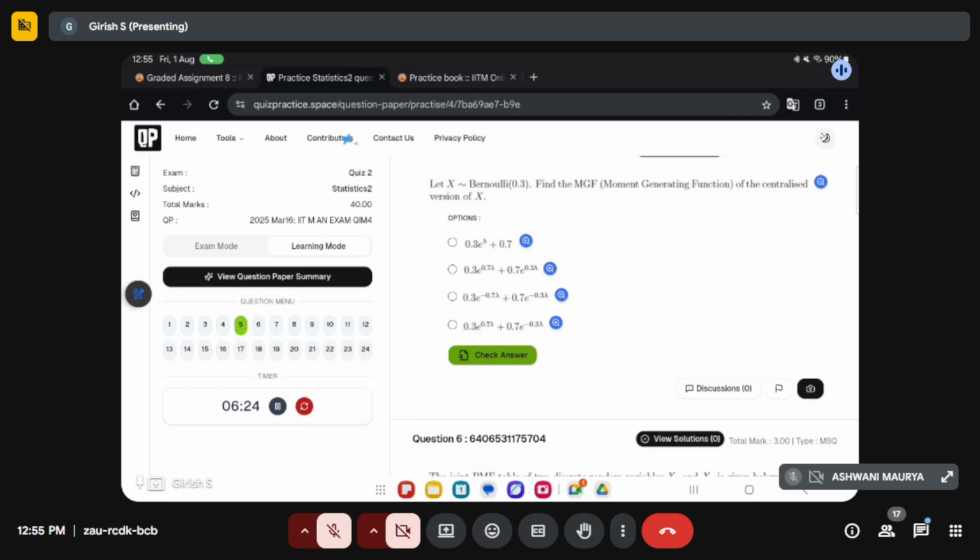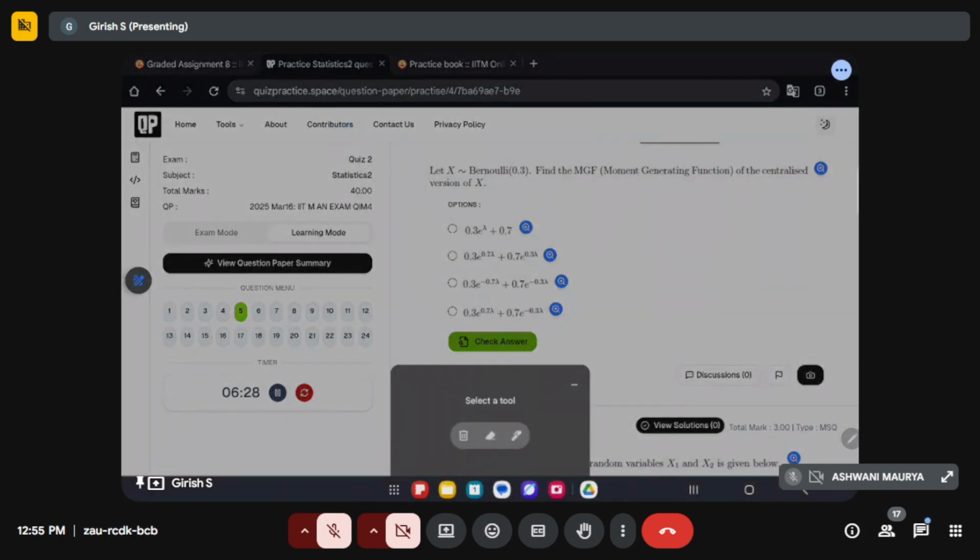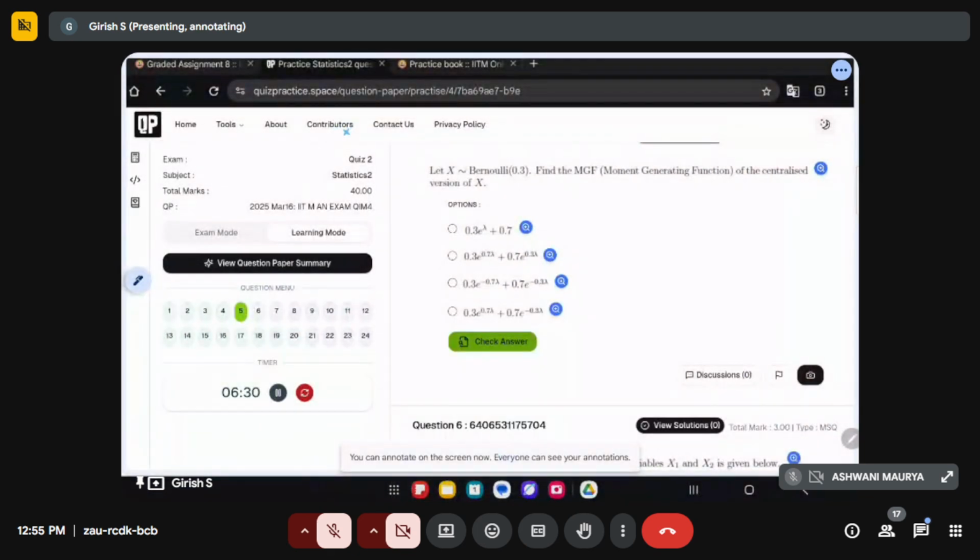Okay. Now let's see this question. Here we want to find moment generating function of a centralized version of x. So it's not direct; you shouldn't just see that this follows Bernoulli distribution. Bernoulli distribution will have 0, 1, and this probability 0.3, this probability 0.7. But they are asking you MGF of centralized version.